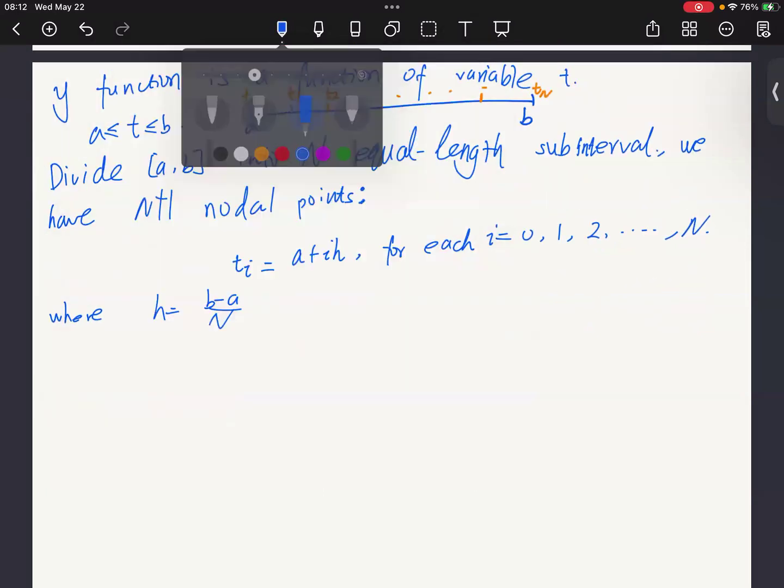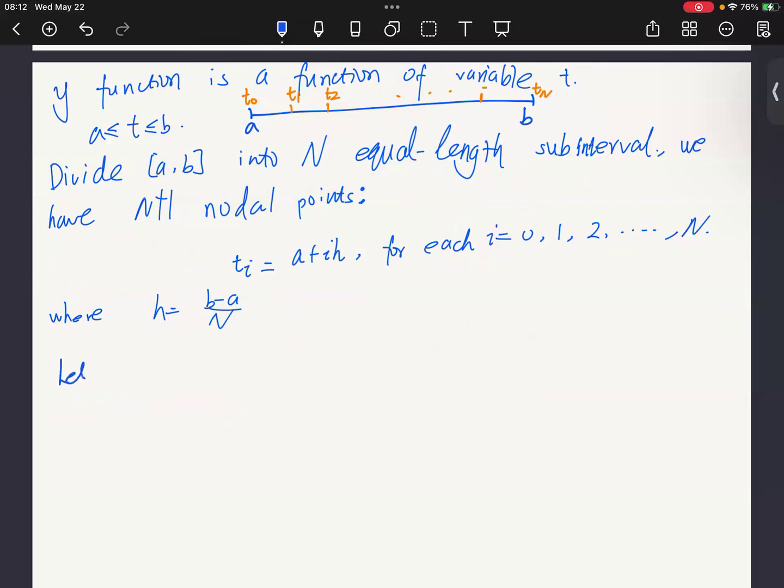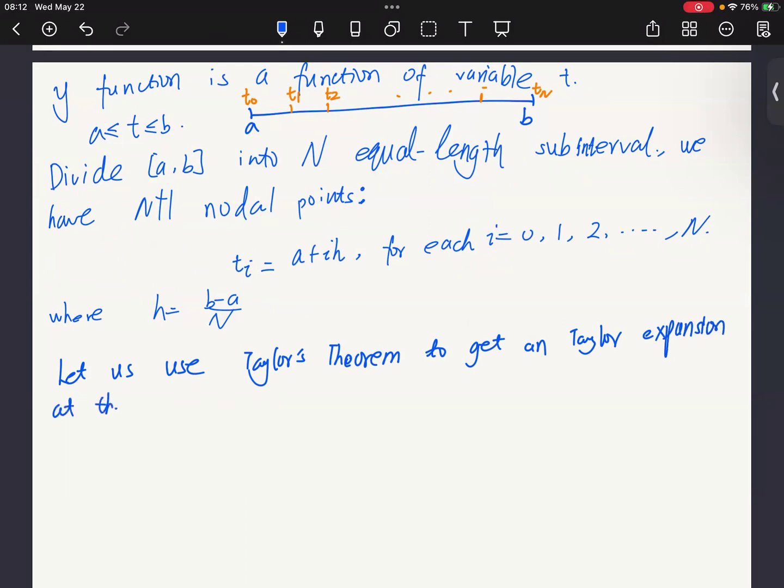So the idea here is, let's use Taylor's theorem to get a Taylor expansion at the point t_{i+1}.